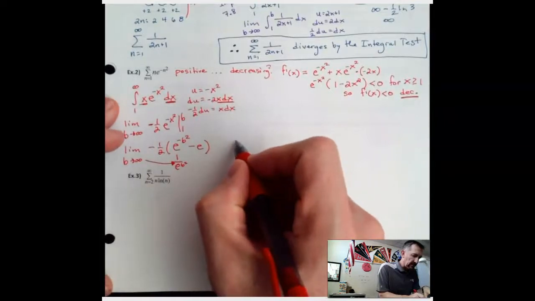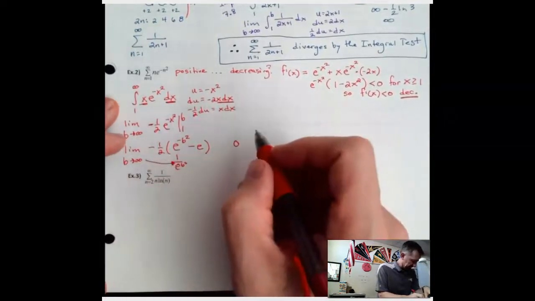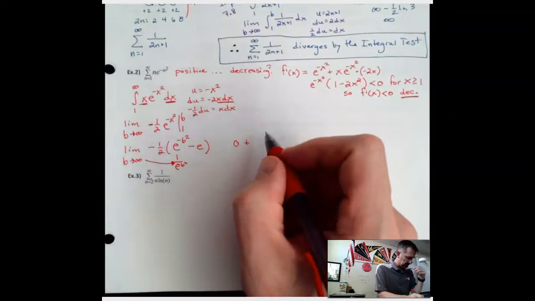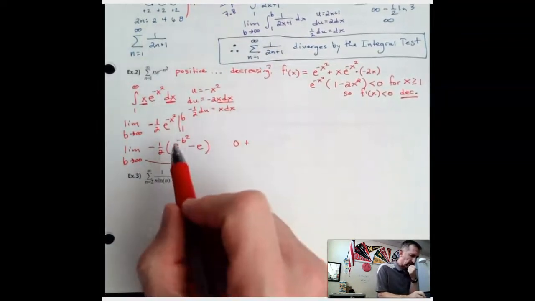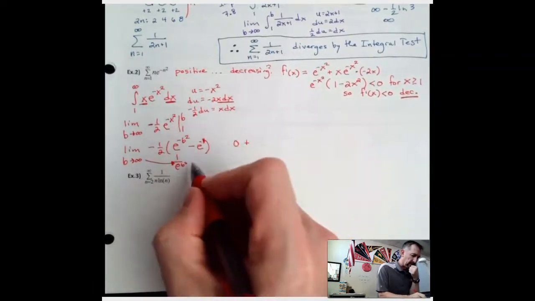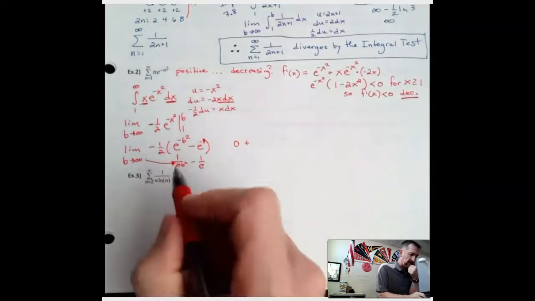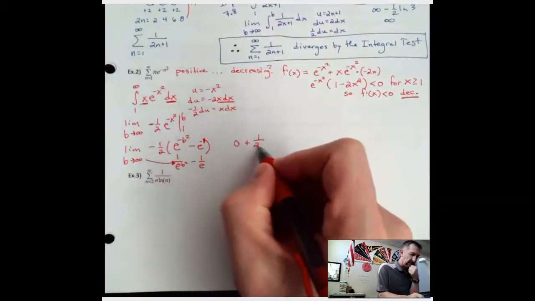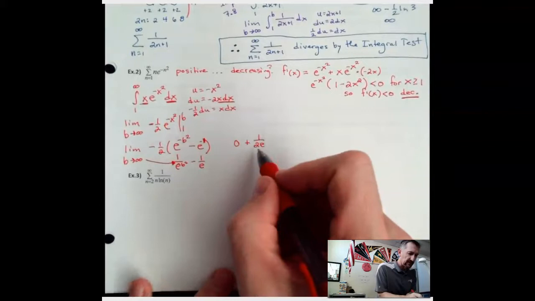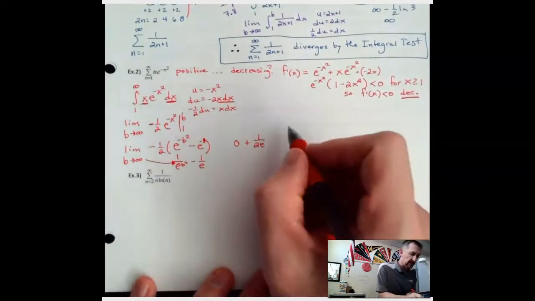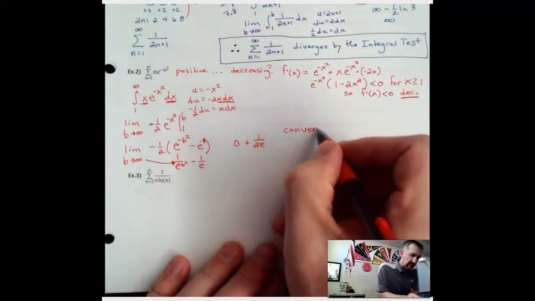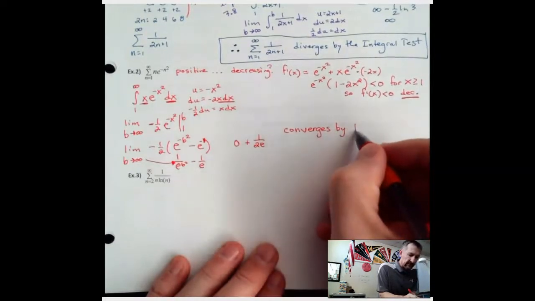So that would be 0 plus, this would have been 1 over e. So when we distribute that, that would be plus 1 over 2e. Alright, so since that converges to a specific number, we can say that this converges by the integral test.